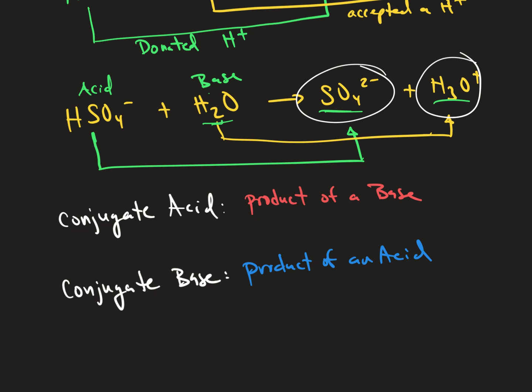So the conjugate base would be this one right here. And the conjugate acid would be this one right here. Does that make sense?